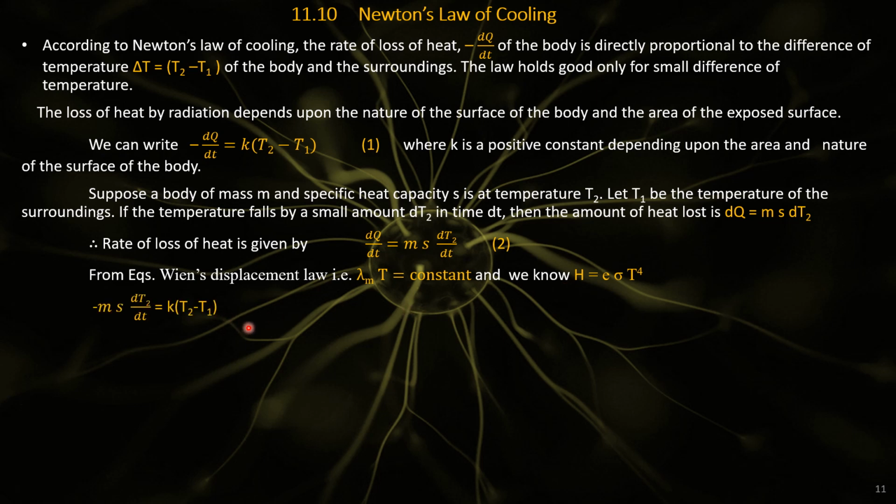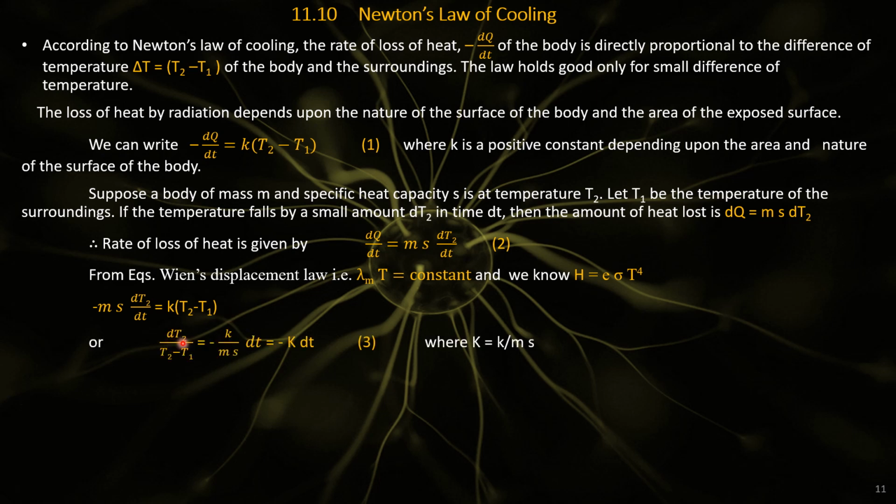Therefore, we can write equation 1 as minus m s into d of T2 by dt equals k into T2 minus T1. That is substituting for dQ by dt.